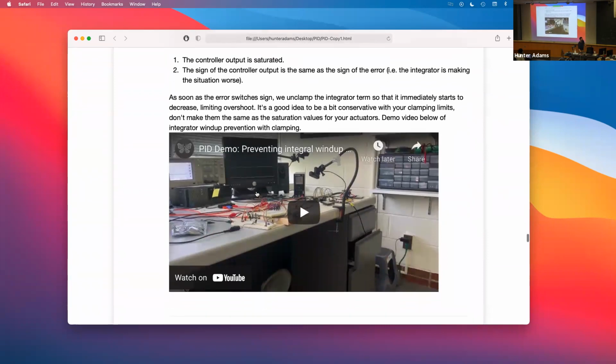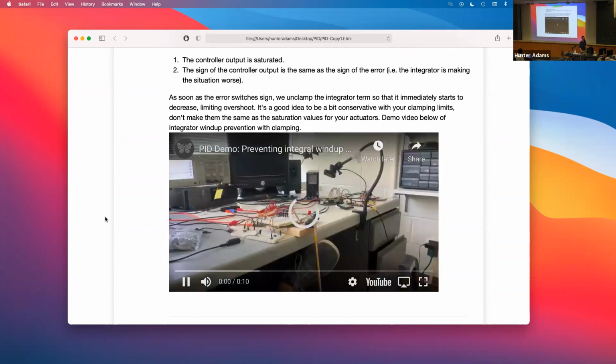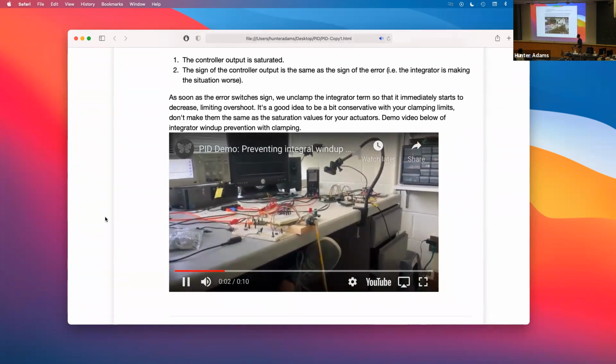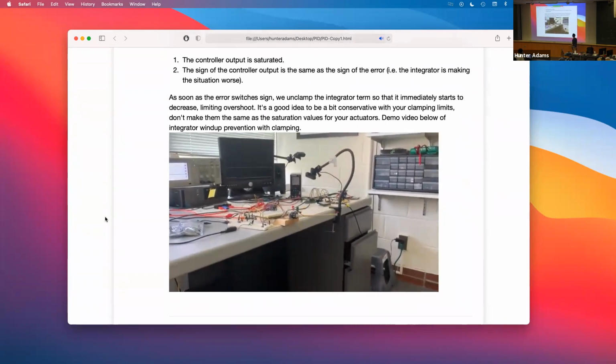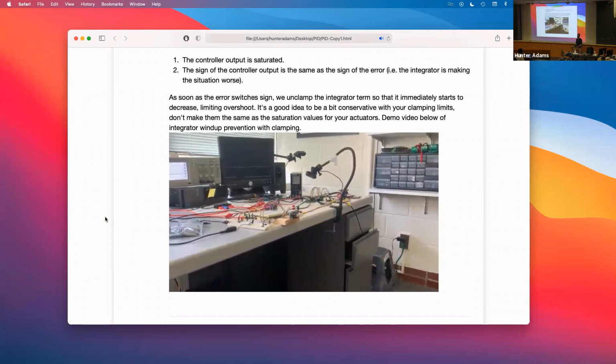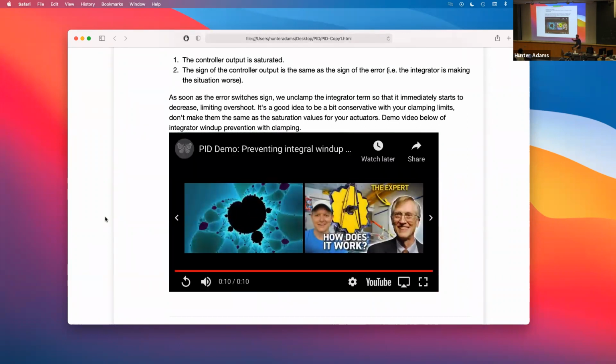That then keeps it modest enough that the other terms can actually fight back against it. And if we do something like that, then even holding it down and letting it go, it stays well behaved. Right? There's some overshoot, and if we turn down the max a little bit more, we'd have less overshoot, right? But it prevents it from just exploding.